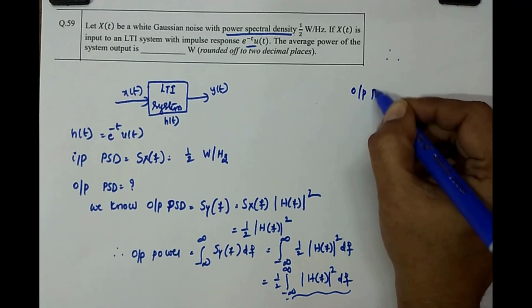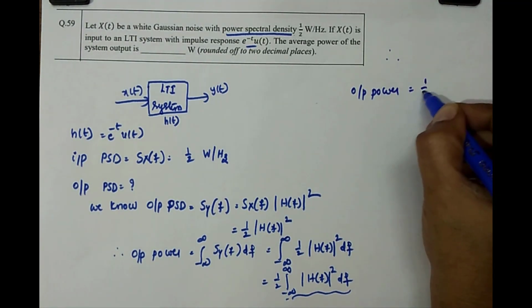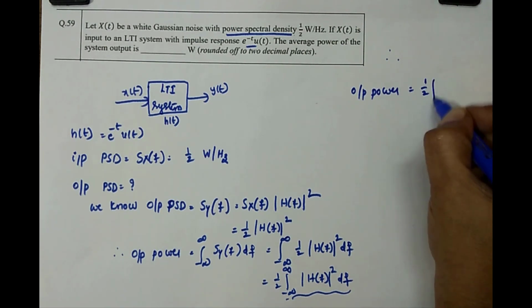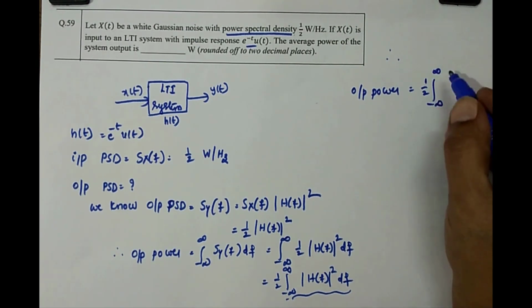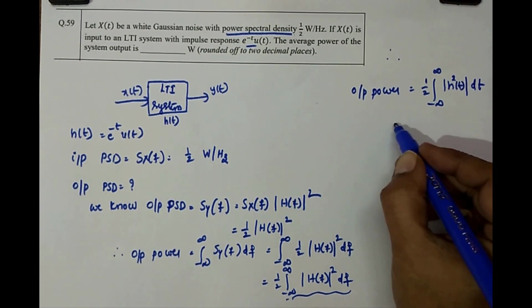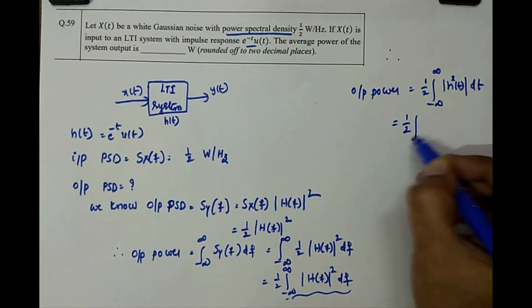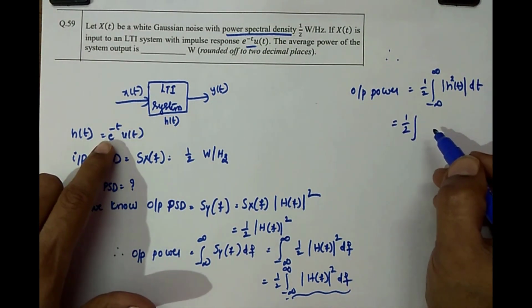Okay, so therefore you can write output power is equal to half into integral minus infinity to infinity mod h square of t dt. That is half into integral, what is h of t? e power minus t u of t.